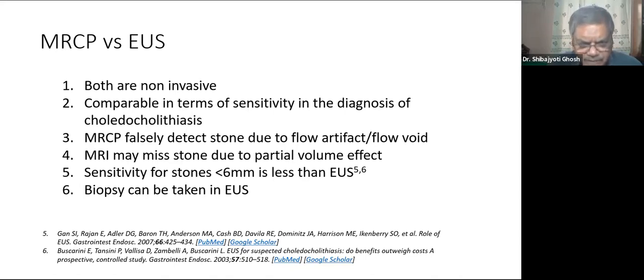It has happened in my practice also that I've seen patients diagnosed as periampullary carcinoma, with dilatation of the common bile duct, where repeated USG and MRI were not able to detect any lesion within the common bile duct. And when we opened the patient, we found that the common bile duct was packed with stone.